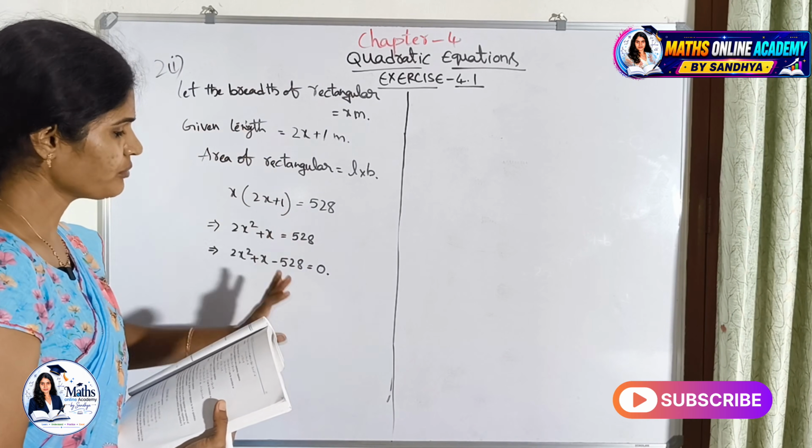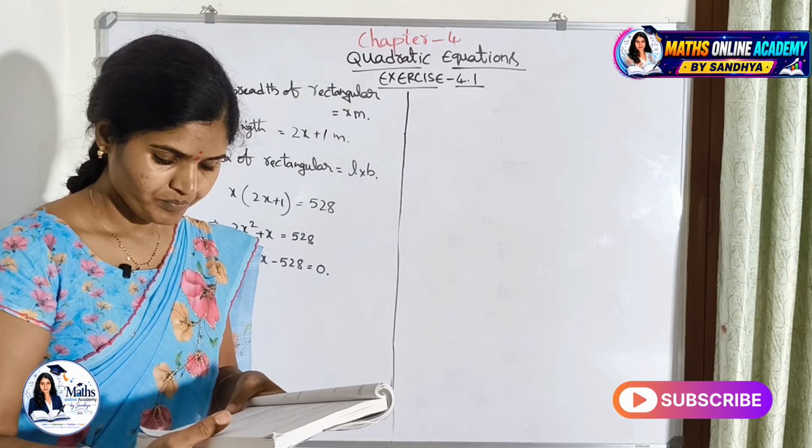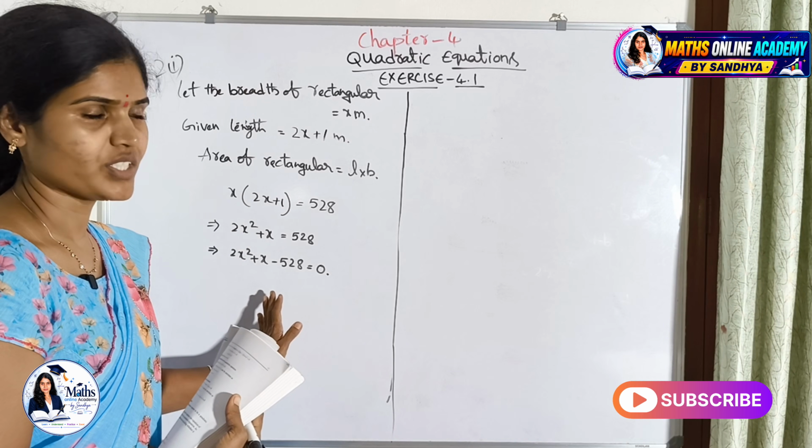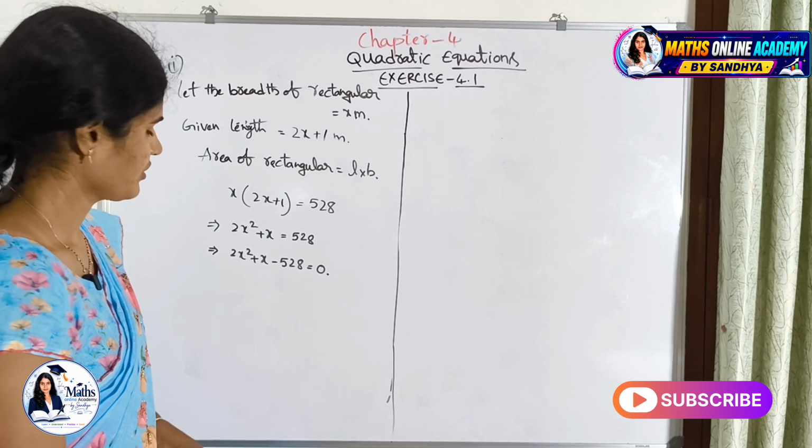You can get the length and breadth. Okay. Finally write down: by using this quadratic equation, we can find the length and breadth. Okay.